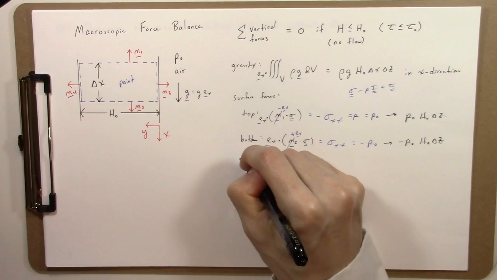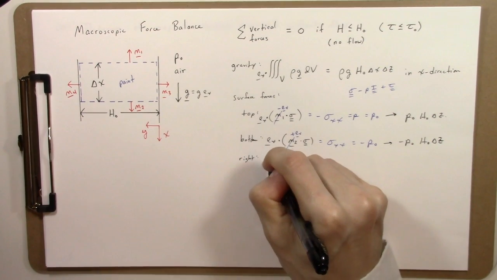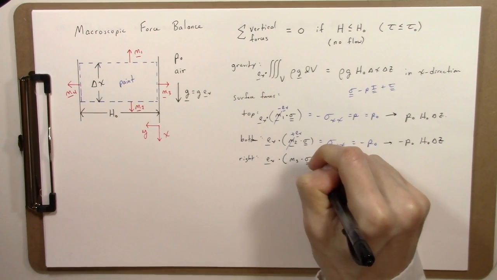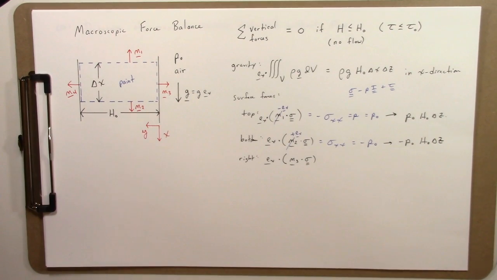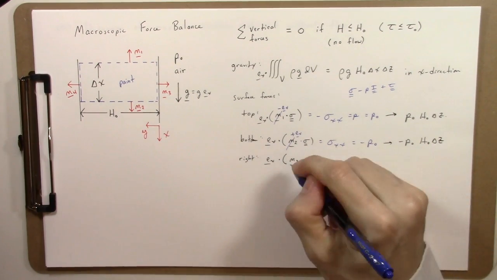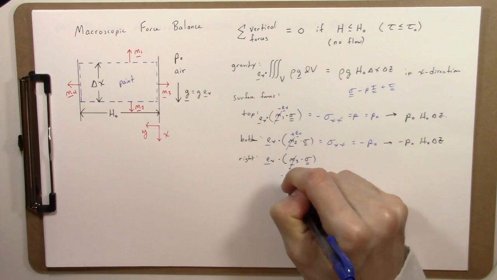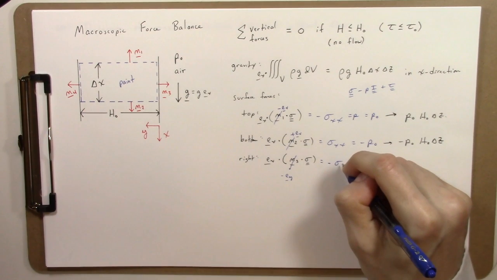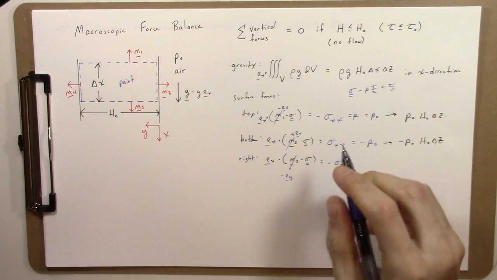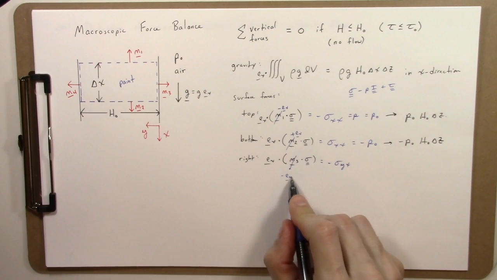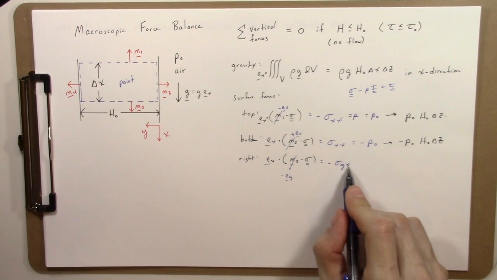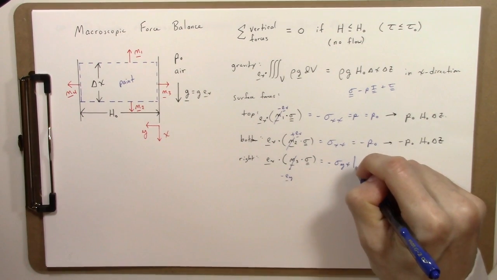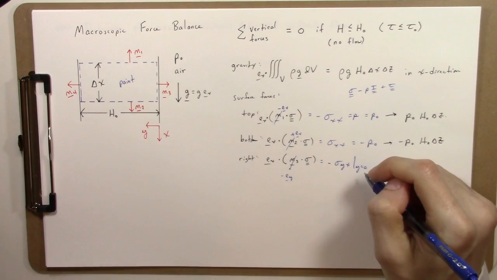Look at the right side. We want the x component of the stress. The stress is n₃ dotted with σ. n₃ is minus e_y. So we want minus σ_yx. The first subscript is from the first dot product: e_y dot σ gives you y, and e_x dot that gives you x, so σ_yx, evaluated at y equals 0.